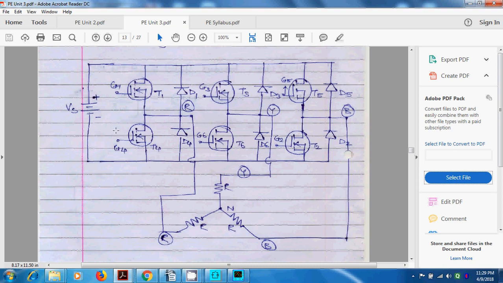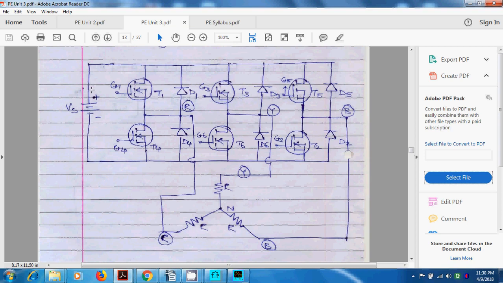The important thing is the numbering. Here it is always MOSFET 1 diode 1, MOSFET 3 diode 3, MOSFET 5 diode 5, and in the lower row MOSFET 4 diode 4, MOSFET 6 diode 6, MOSFET 2 diode 2. This is one phase, say R phase, this is another phase, Y phase, and this is the other phase, B phase. This is RYB through a balanced star R load coming towards one point, the common neutral, which we can treat as ground.